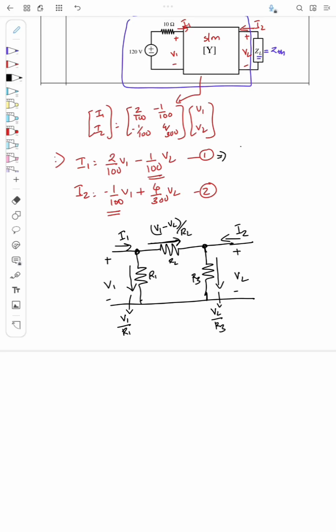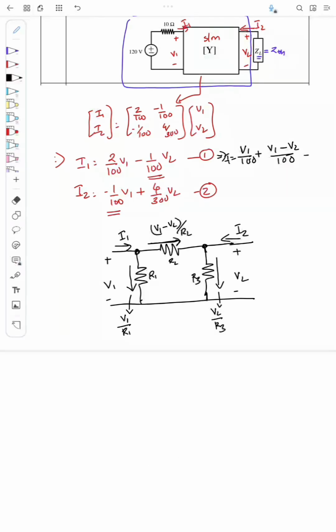So I can split this equation as I1 equal to V1 by 100 plus V1 minus V2 by 100, because V1 plus V1 will be 2 V1 by 100.